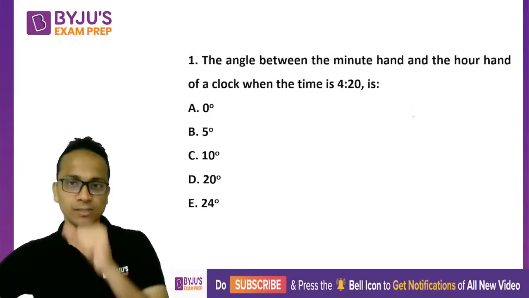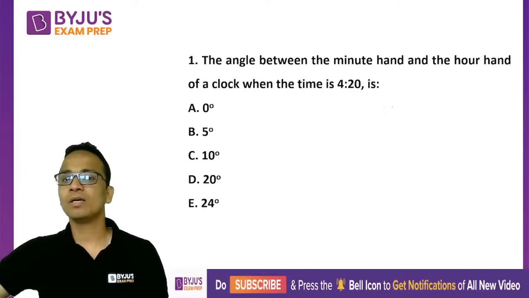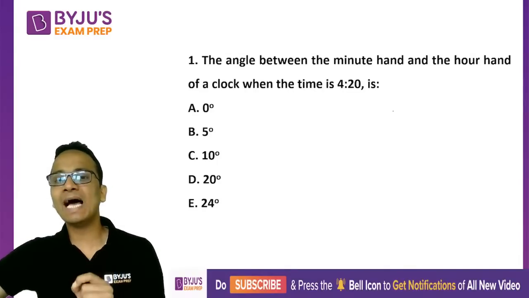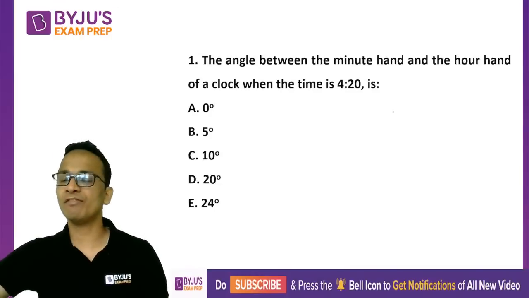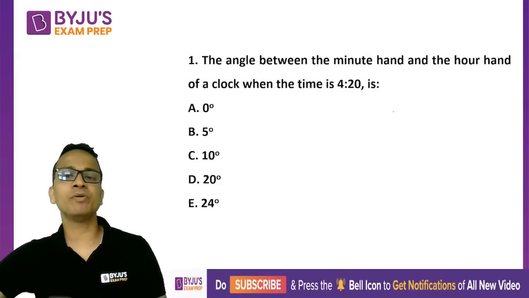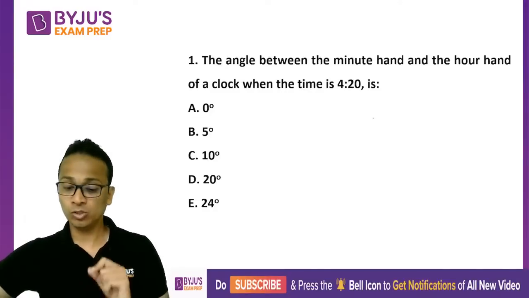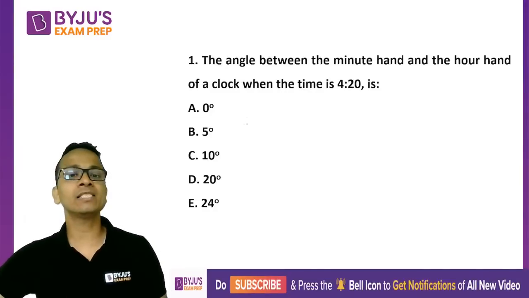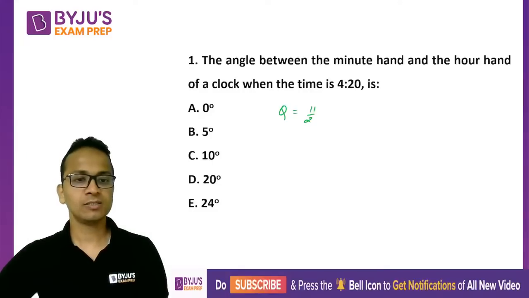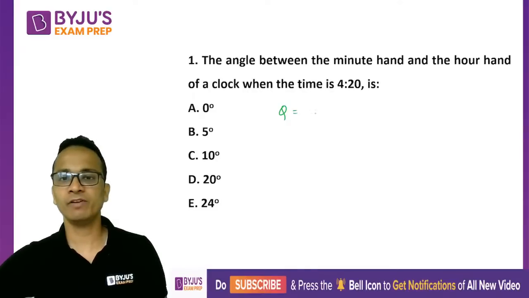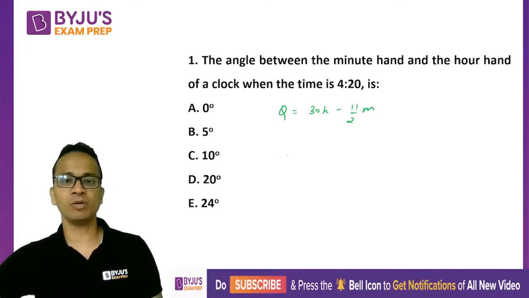So 4:20. The minute hand will be exactly at 4 and the hour hand will be between 4 and 5. So I can say that the minute hand is before the hour hand in the figure. So I'll use the formula in which the minute hand is before the hour hand: 30h minus 11 by 2 m. That is the formula that I'll use.